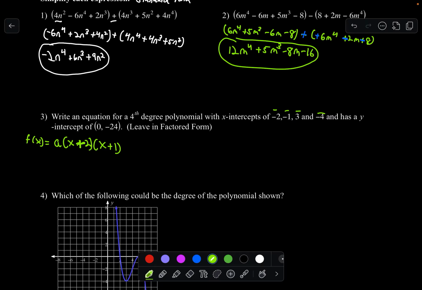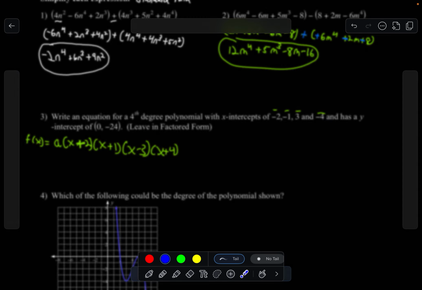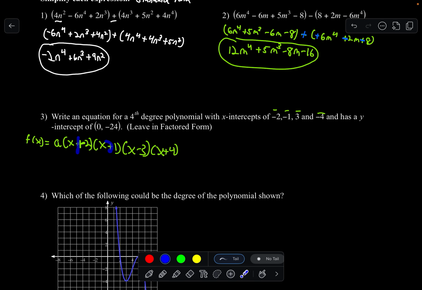And then we will have x minus 3. And lastly, x plus 4. Fourth degree polynomial, and notice we have 1, 2, 3, 4 factors. Now the only thing we don't know is a.